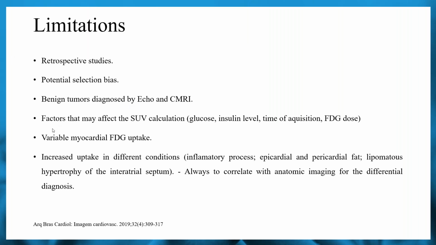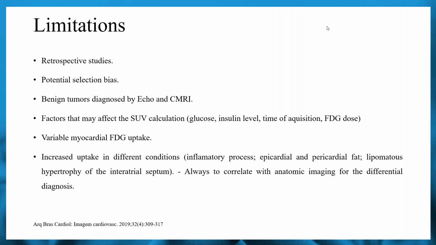Also the variability in the normal myocardial FDG uptake, which may make the differentiation difficult, creating contrast, and also the increased uptake in different conditions, such as inflammatory processes, epicardial and pericardial fat, and lipomatous hypertrophy of the interatrial septum.